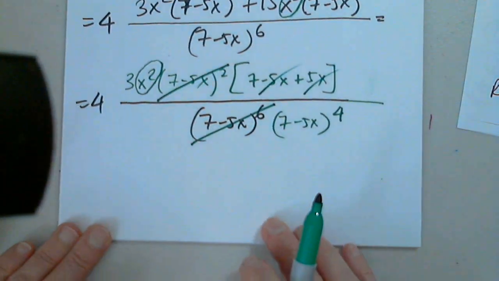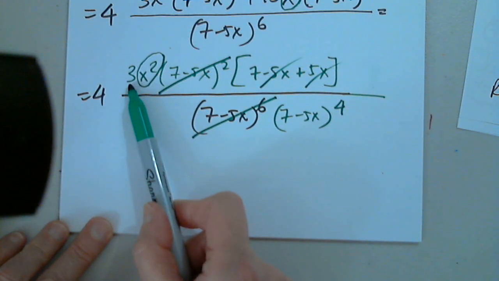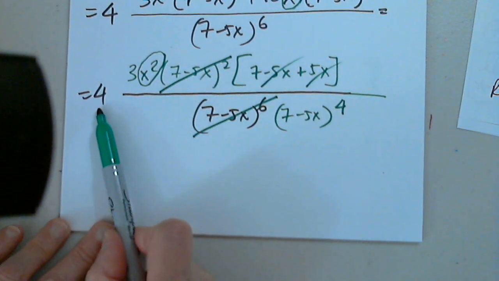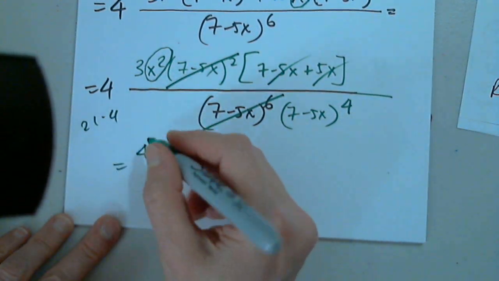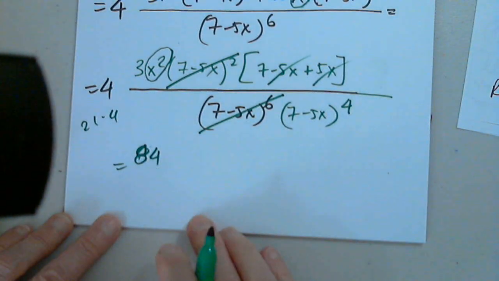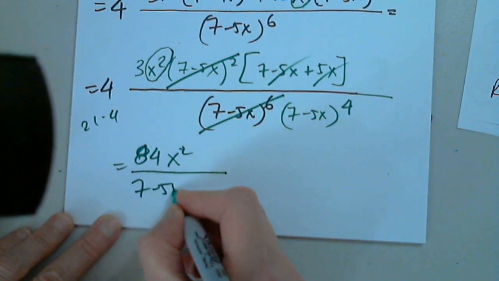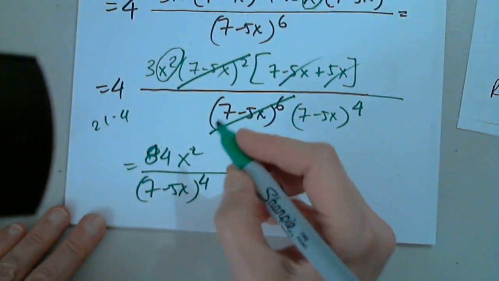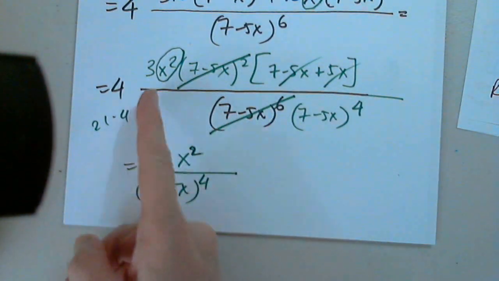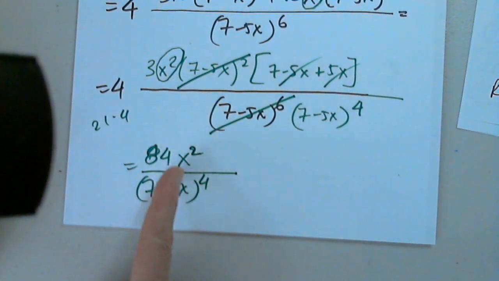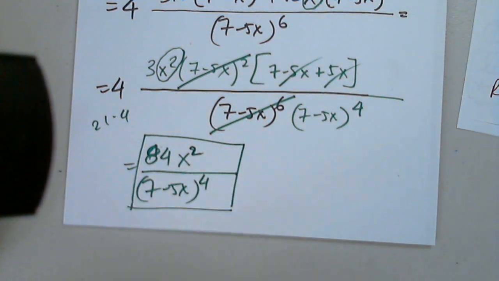Notice that these 2 are gone. 7 times 3 is 21. 21 times 4 is 84. x squared over 7 minus 5x to the fourth. And this is final. No one can further simplify it.